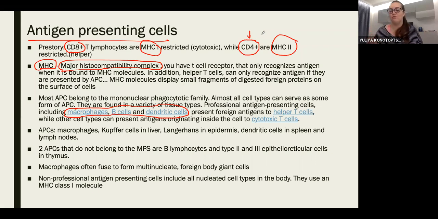Can we imagine that your right hand is a CD4? You're sitting right there in your own rooms, your right hand is a CD4. I am a macrophage. Because I'm a macrophage, what do I have on my surface? I have MHC2, which is also my hands.